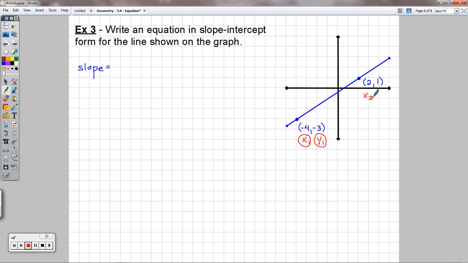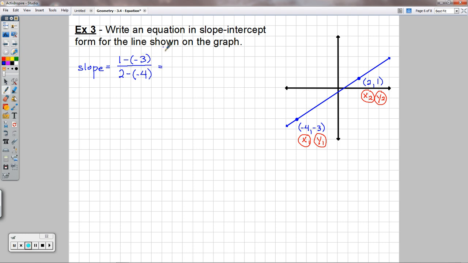I'll call the right point my second x and y coordinate. Based on that, I've got y2 is 1 minus y1 is negative 3, over 2 minus negative 4, x2 minus x1.